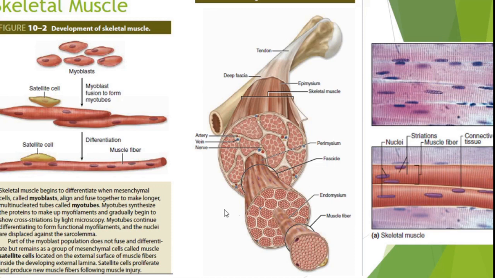So, sa loob ng muscle, meron tayong tinatawag na mga fascicles. Based dito sa ating picture, ilan ang fascicle natin? Bilangin natin. 1, 2, 3, 4, 5, 6, 7, 8, 9, 10, 11. 11 in total.